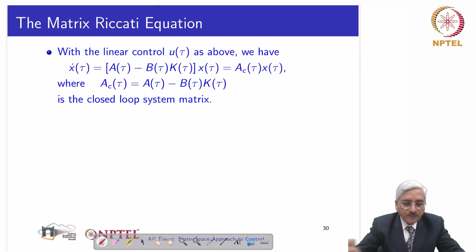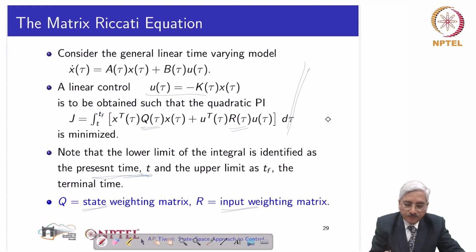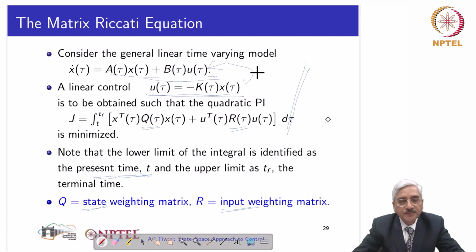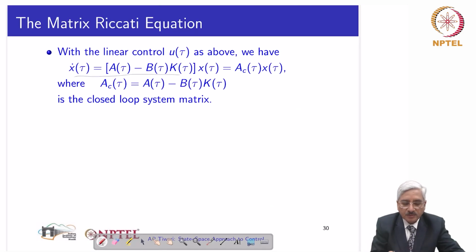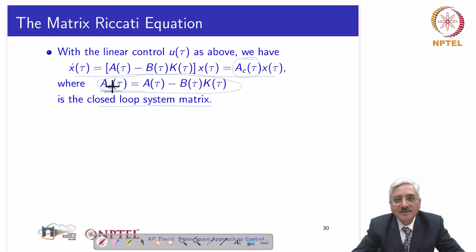Now if we impress this control u(tau) on this system, we can substitute there, and so the closed loop system dynamics is given by x dot equals (A minus BK) x, and that we denote by A_C. A_C is A minus BK. This is the closed loop system matrix. So when this input is impressed upon the system, the closed loop dynamics is governed by this system matrix A_C, which is A minus BK.